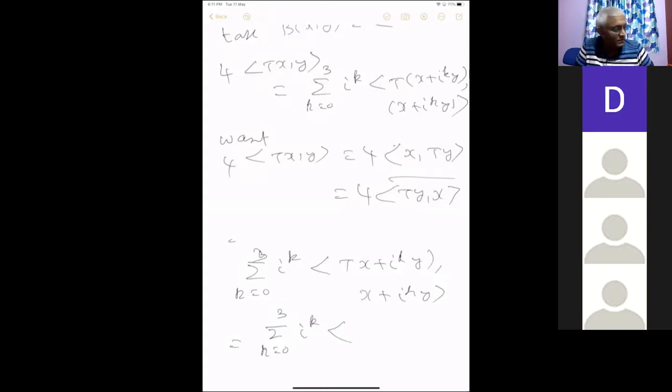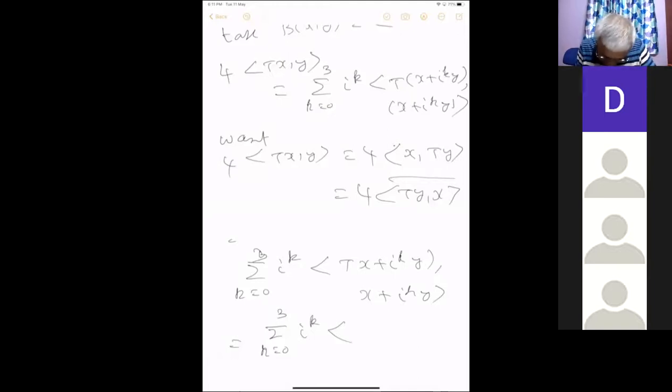If i power k equals i, then i power minus k will be minus of that, no? I can multiply by i power minus k on both sides.